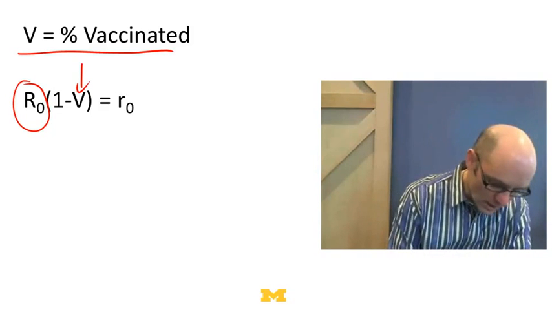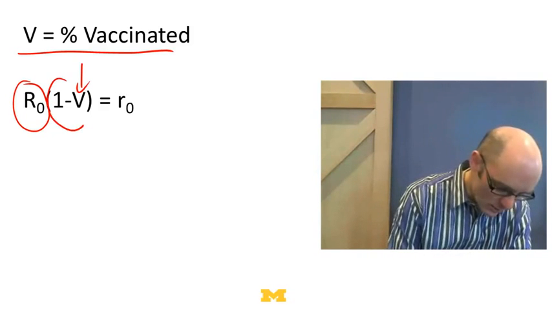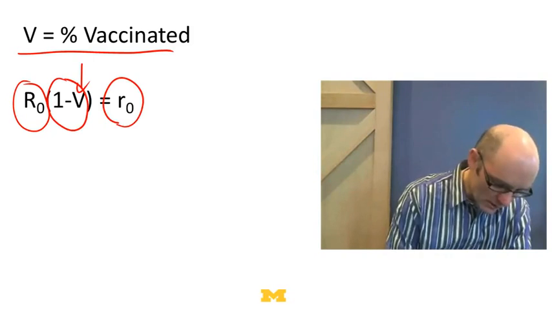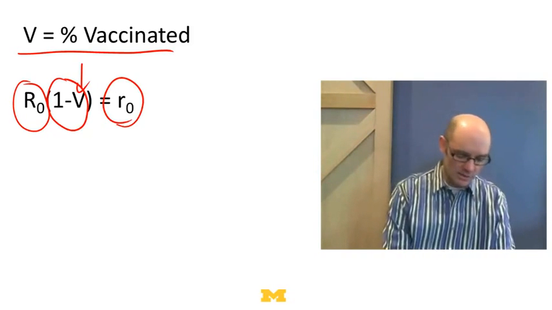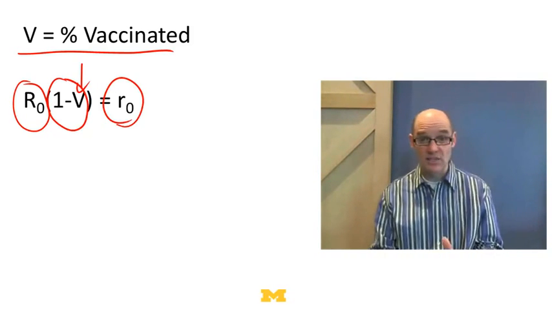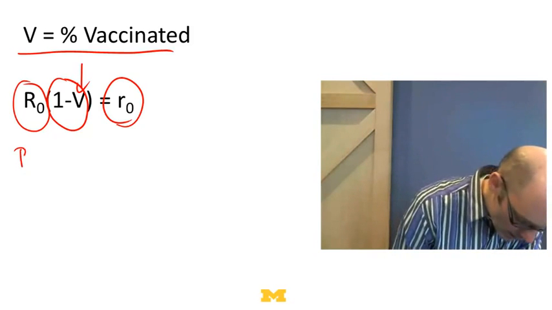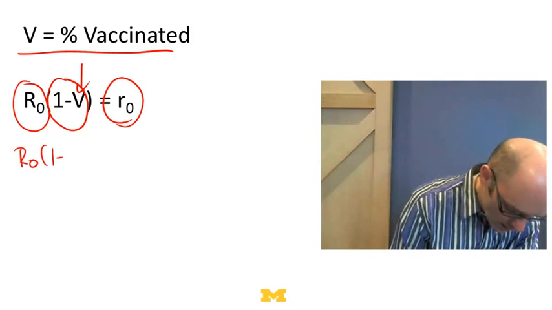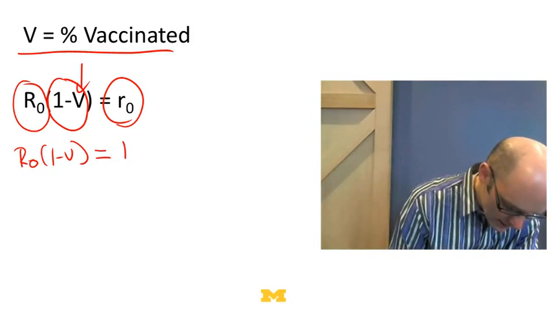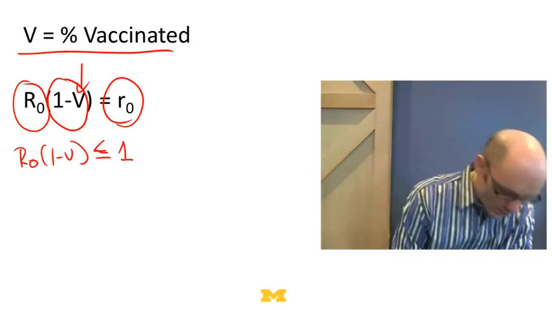Well, in some sense, if we vaccinate V people, it's like we've got a new R0, little r0, which is just the big R0 times the percentage of people in the population that aren't vaccinated. So we want big R0 times (1 minus V) to equal 1. Actually, we want it to be less than 1. Well, we can multiply this out.